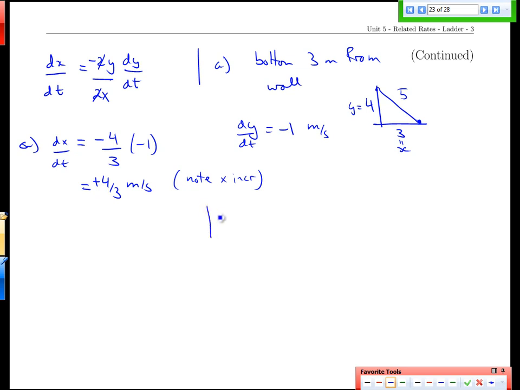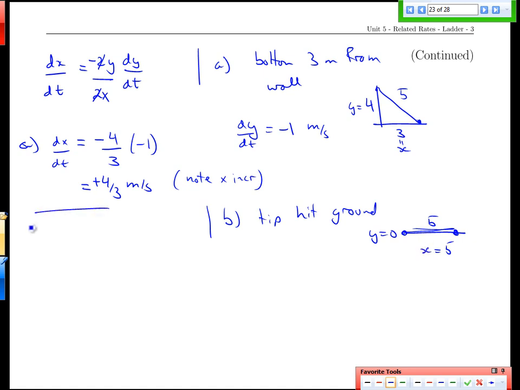There was a second point we were interested in, though, which is when the tip hit the ground. This is not going to look like much of a diagram because the ladder is going to be flat. It's going to be 5 meters straight along here because y is going to equal 0. And so x must equal 5.